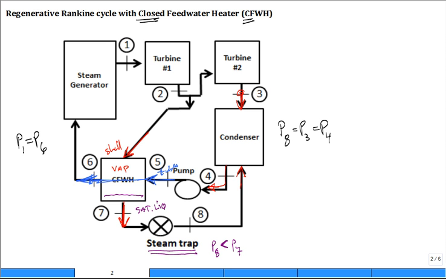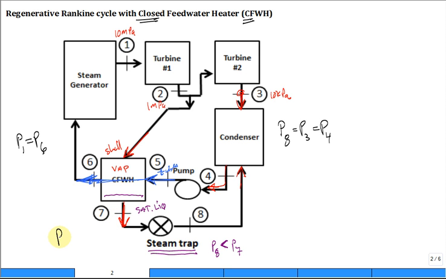So now you know if you had, just to throw out some numbers, a high pressure of 10 megapascal, an intermediate pressure of 1 megapascal, and a low condenser pressure of 10 kilopascal, you would know that the steam trap needs to drop it all the way down, P8 needs to be down to 10 kilopascal.